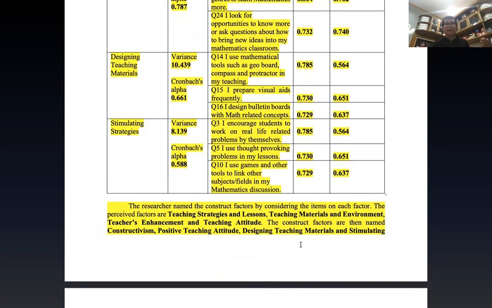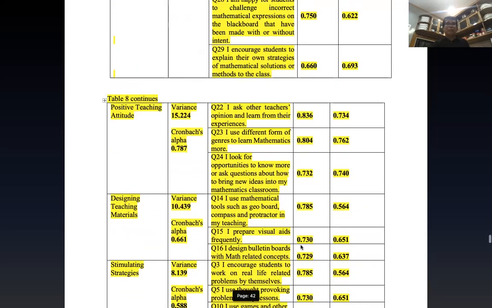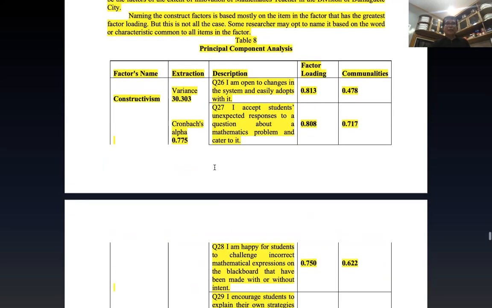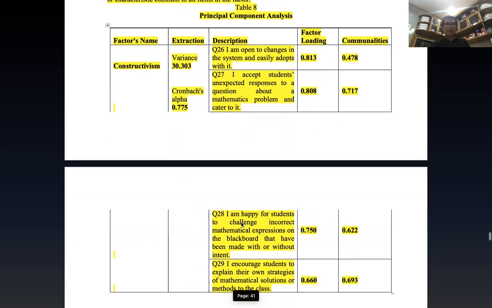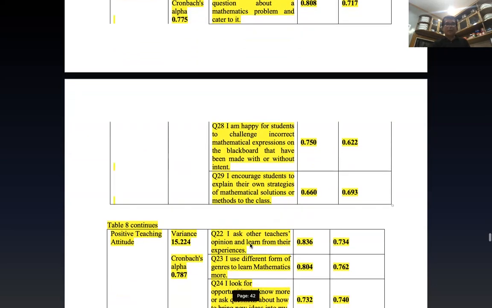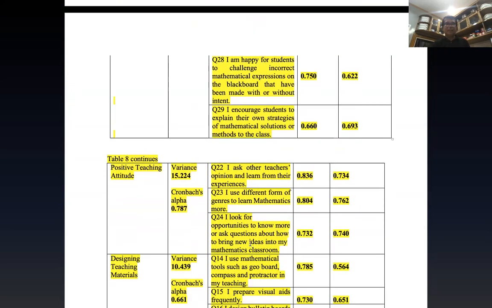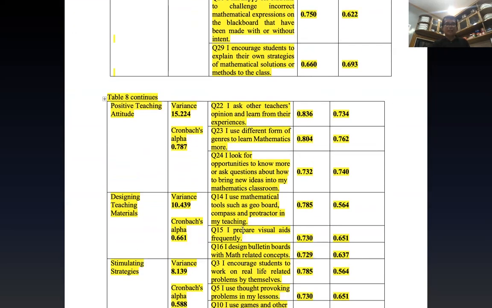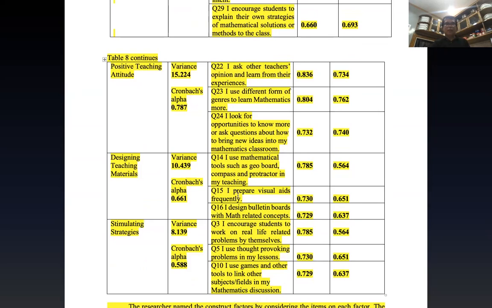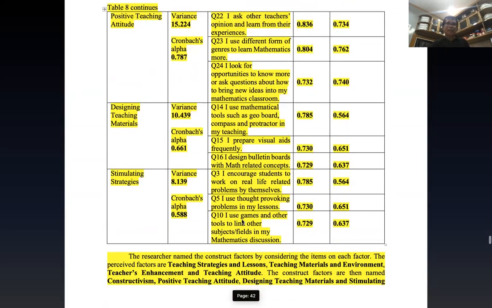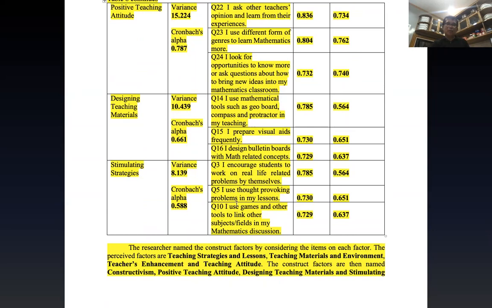But if you notice, the different statements that belong to each of the 4 new factors are being reduced. Constructivism, factor 1, is composed only of 1, 2, 3, and then 4. And then positive teaching attitude, 1, 2, 3. And then designing teaching materials, we have 1, 2, and then 3. Stimulating strategies, 1, 2, and then 3.